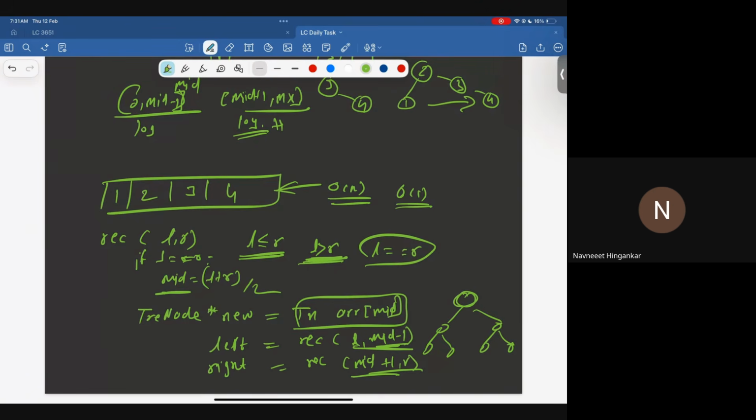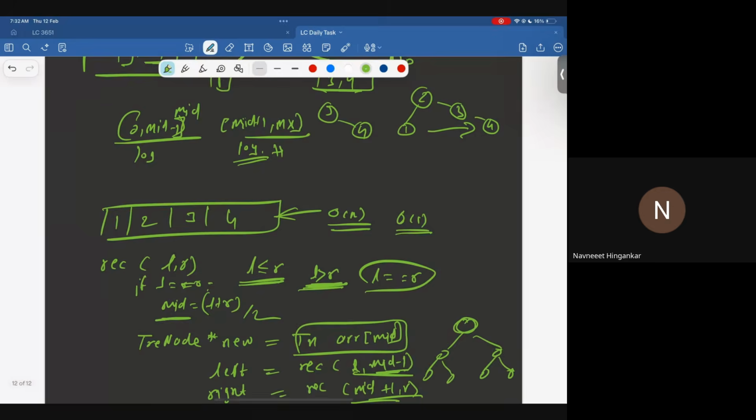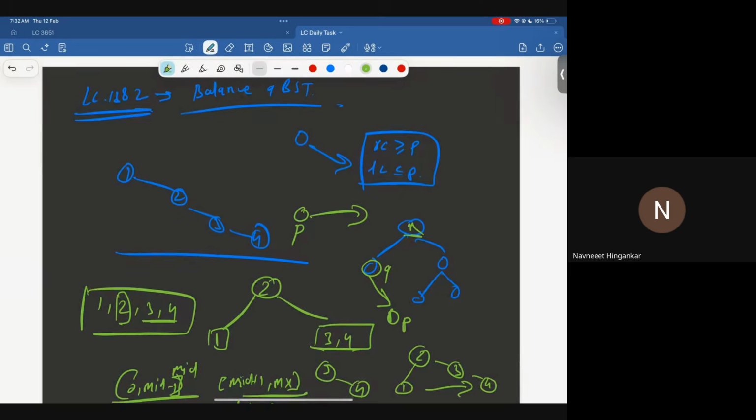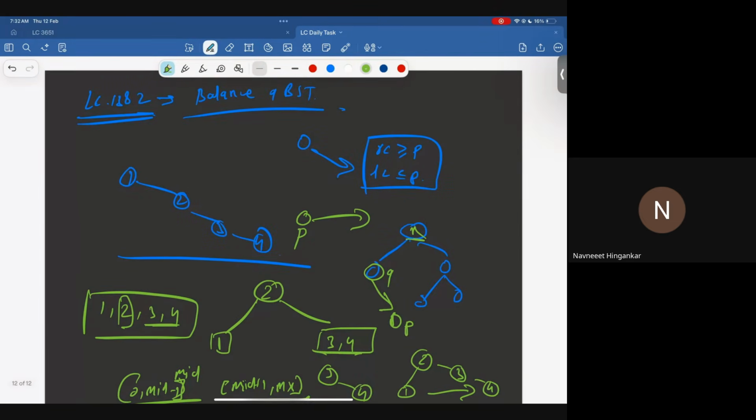We just need to check the exact structure of the current tree and redefine it, re-modify it somewhere. Like here, 1, 2, 3, 4. How do we do that if we need to solve it in O of 1 space?